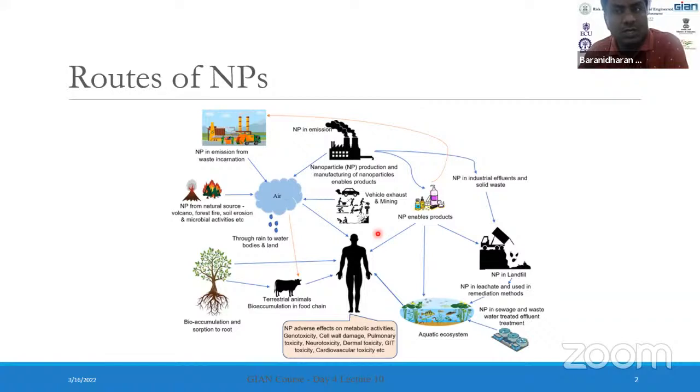It reaches the water or wastewater stream, and then because of the biosolids application to the agricultural field, and the treatment of wastewater, treated wastewater being let into the natural surface water bodies, at last they enter the life chain of the humans. Not only the life chain of the humans, but also the terrestrial animals as well as the plants. The terrestrial environment is involved.